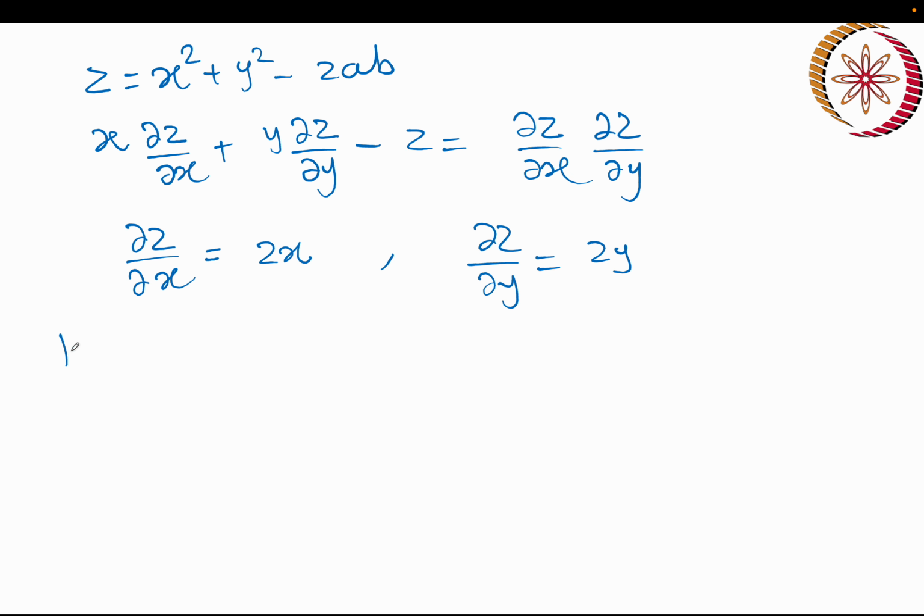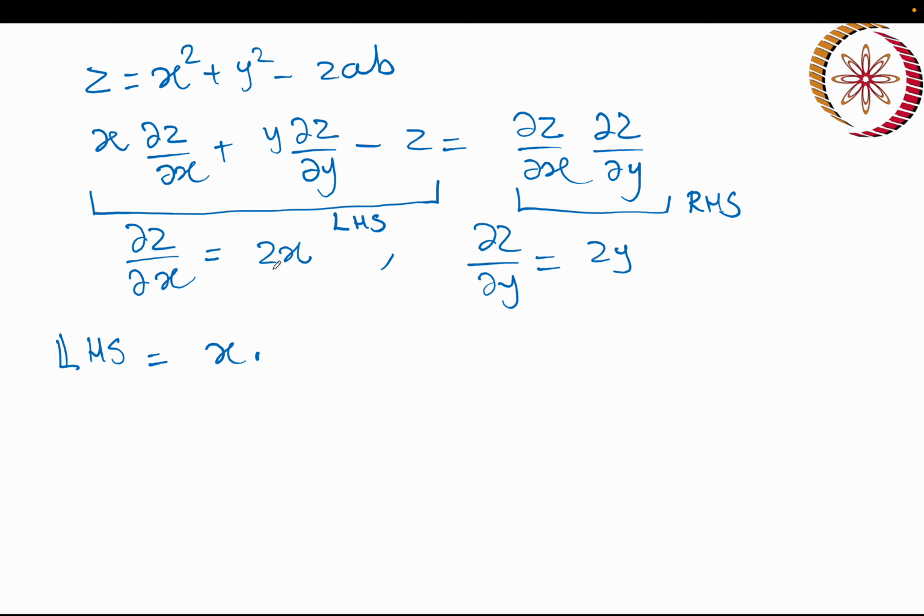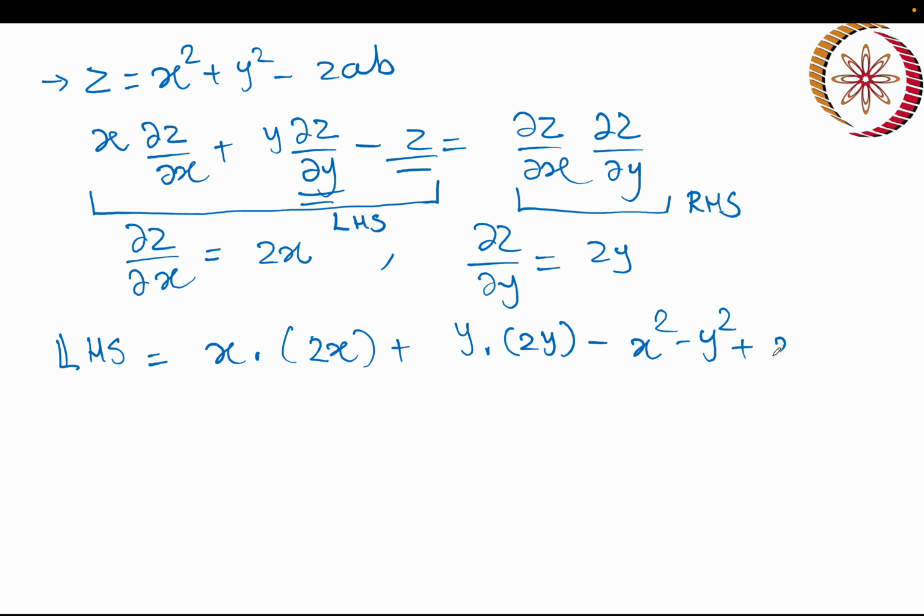So this is our left hand side, and this is the right hand side. LHS is equal to x into the partial derivative of z with x, 2x, plus y into dou z by dou y, 2y, minus z. We are assuming this z as the solution, so x square plus y square plus 2ab.